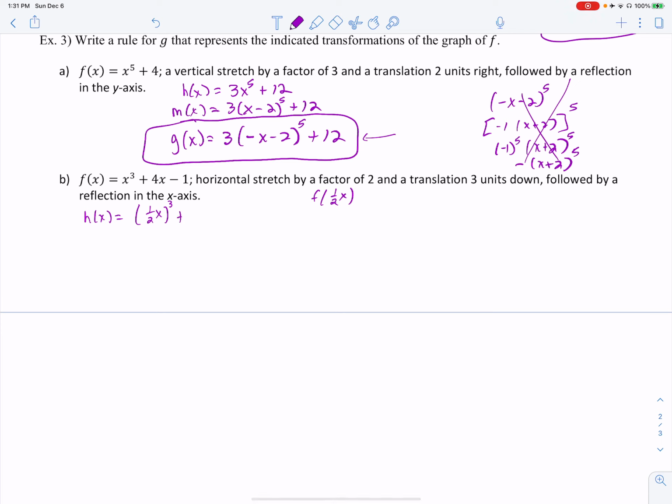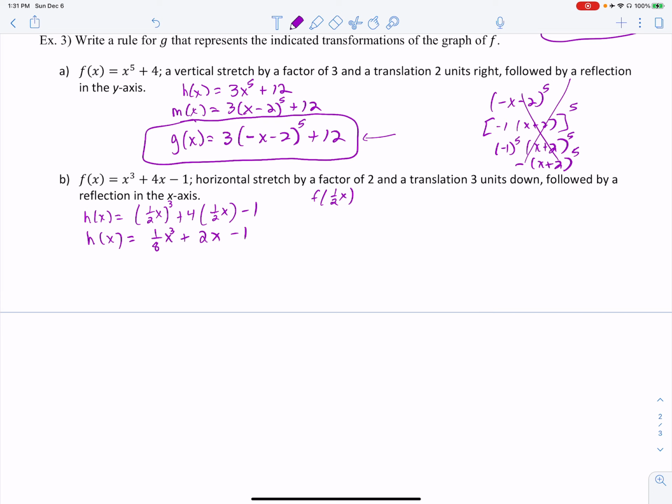You need the parentheses. And 4 then times 1/2 x to the first minus 1, which we'll go ahead and clean up a little bit because that's going to be a 1/8 x cubed plus 2x minus 1. And so there is the horizontal stretch by a factor of 2.